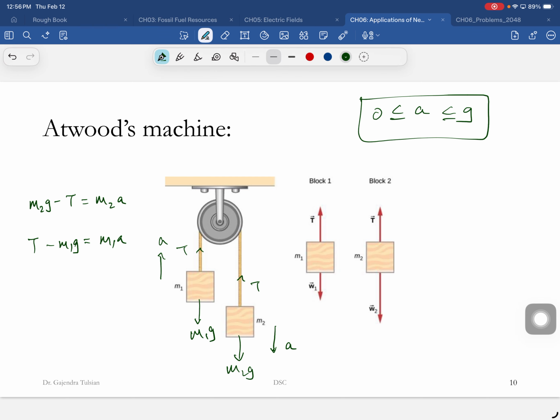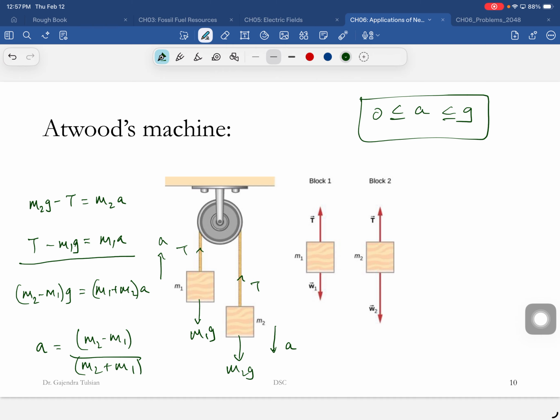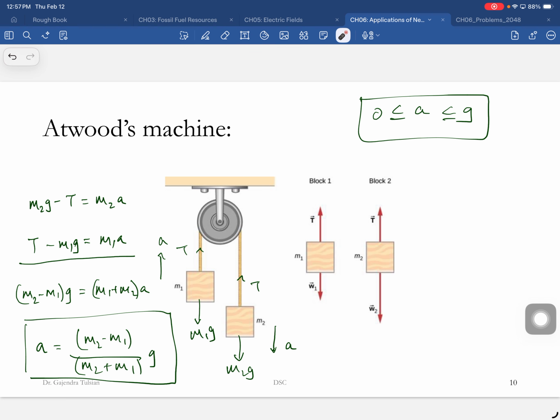All right, now let's add the two equations. So (m2 minus m1)g equals (m1 plus m2)a, and so a is equal to (m2 minus m1) over (m1 plus m2) times g. Now notice this.